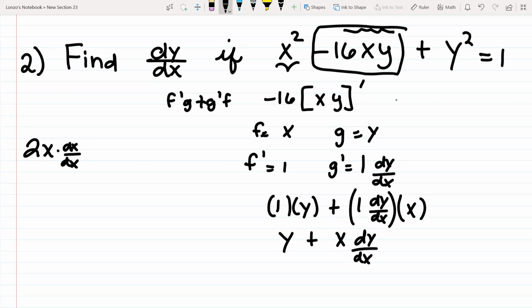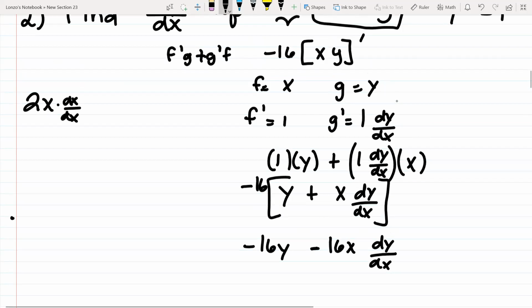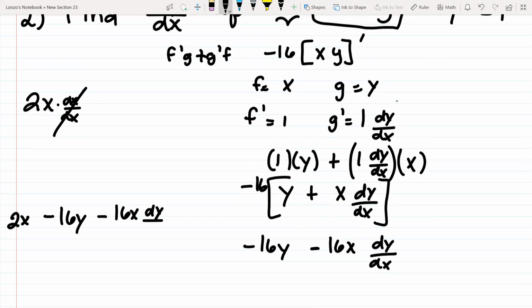And then we do have to FOIL, we took out a negative 16, so FOIL that out. So this would be negative 16y minus 16x dy/dx. Okay, so here, let me write it out here. So we have a 2x, dx cancels, so you just leave that alone, and then you have a minus 16y minus 16x dy/dx.